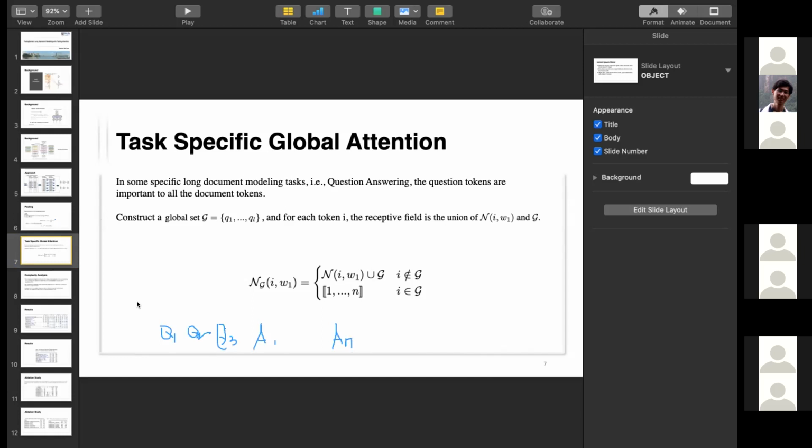They constructed a global set so that they put all the tokens in the question into the global set. For each token, when we calculate the attention, if the token is not in the global set, then we will attend to the sliding window.